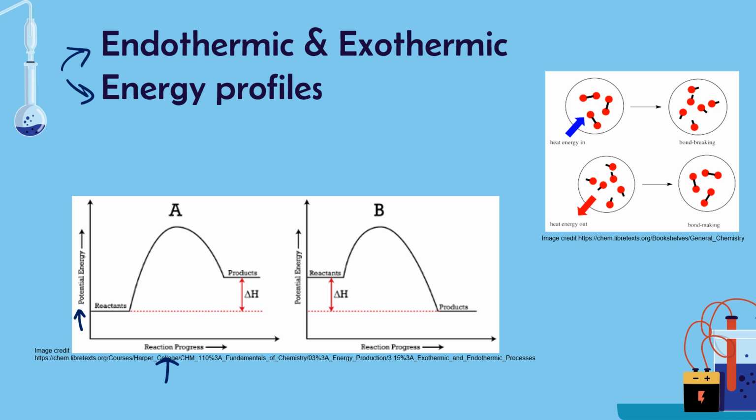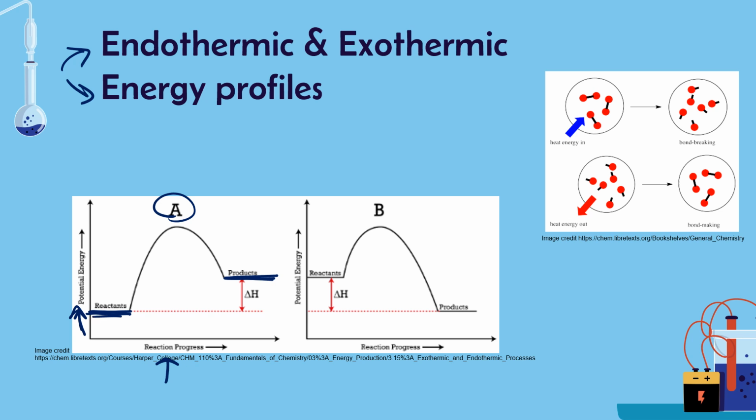So here let's look at this energy profile. Sometimes we also call these potential energy diagrams because we are showing potential energy on the y-axis. Here's the amount of potential energy that is stored in my reactants, and here is the amount of potential energy stored in my products. Chemical bonds store chemical energy.